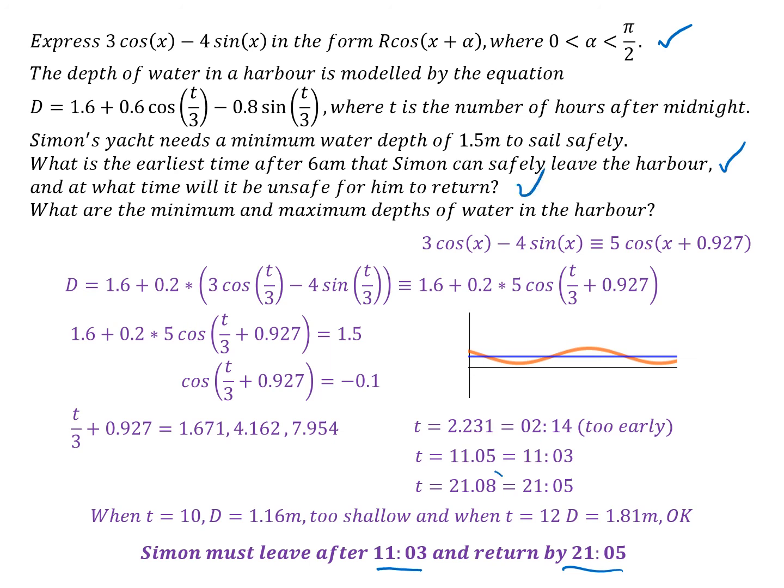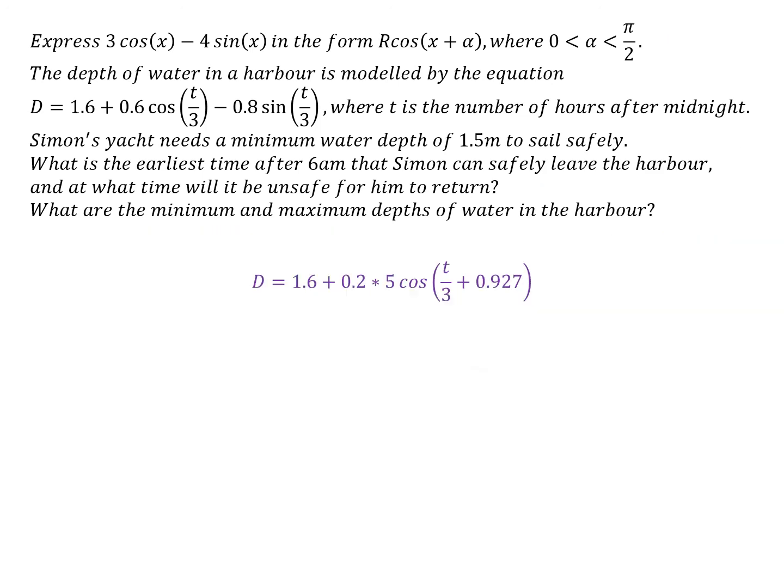Okay, there's one more bit to the question here. What are the minimum and maximum depths of water in the harbour? So coming back to the equation, this is the simplified equation for the depth of water. This will have maximum and minimum values when the cosine is at its maximum and minimum value.